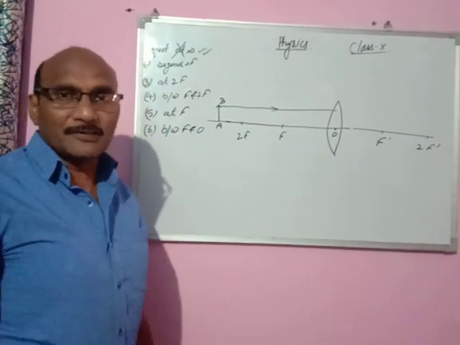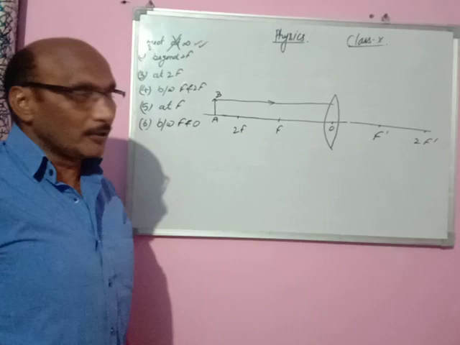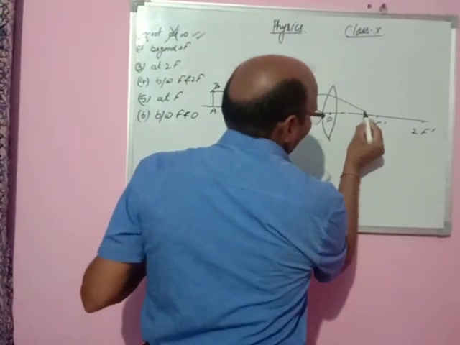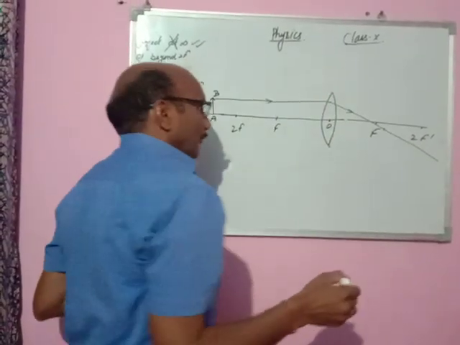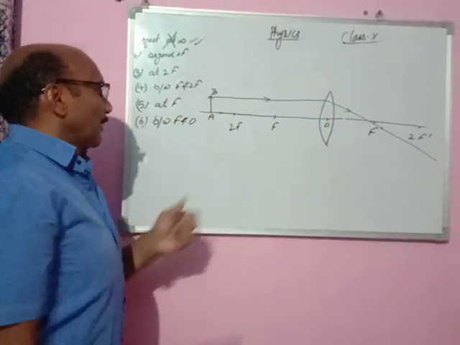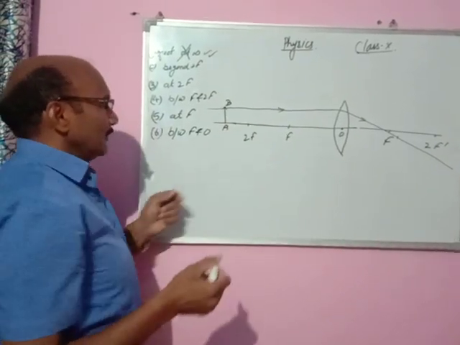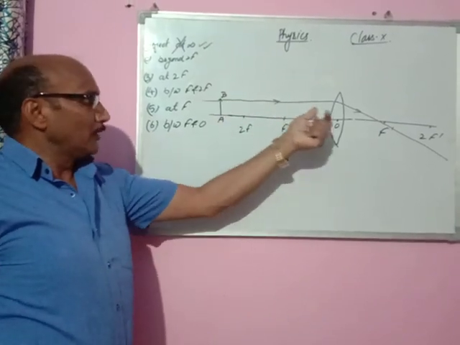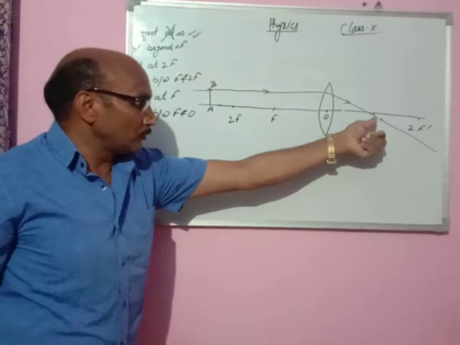Again, as per the condition, this light ray will pass through the focus after refraction. Please recall, I had told you how the light ray will pass. The light comes from infinity, from the source of light, passes through the object, coming parallel to the principal axis. After refraction through the lens, it will pass through the focus.